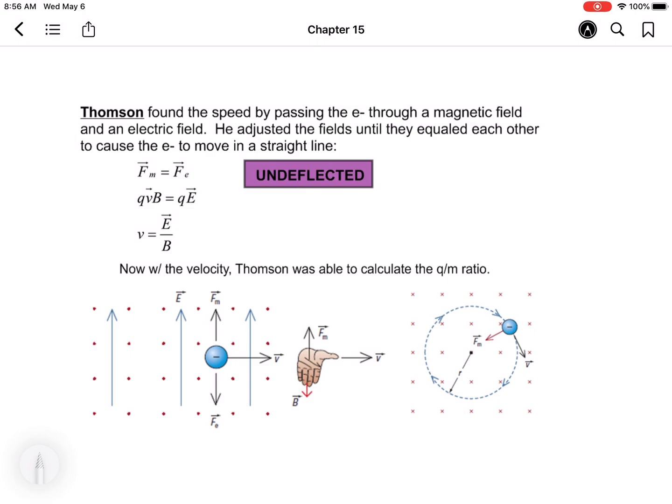This should be coming back to you a little bit from chapter 12, or maybe even chapter 11, I can't remember which.